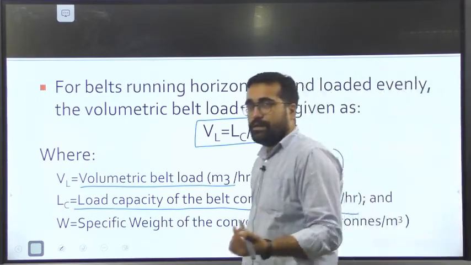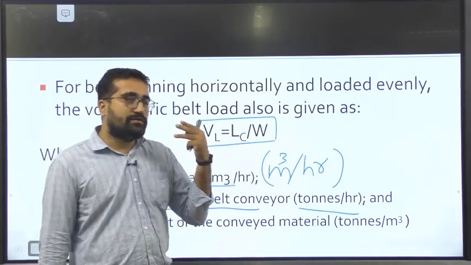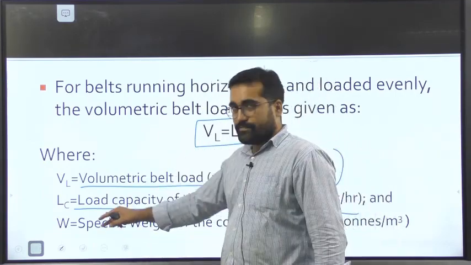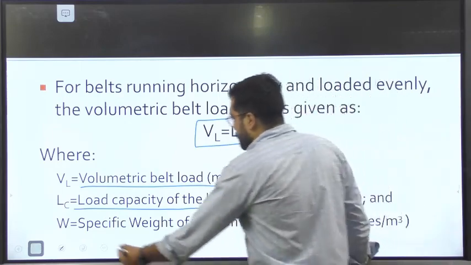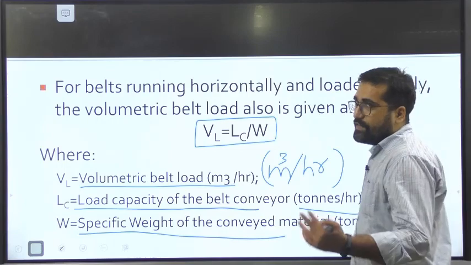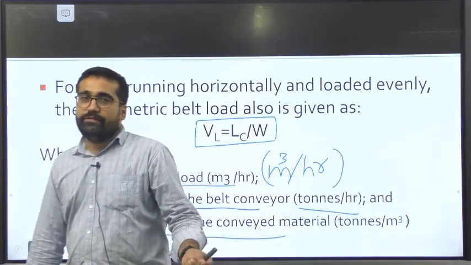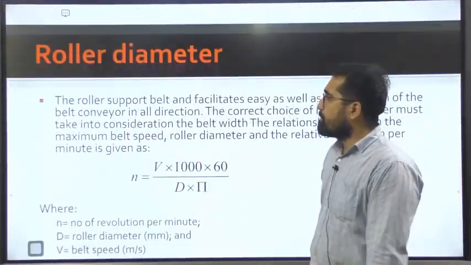What is the capacity of the belt? We denoted it with BC or CT, so this is the same. W is the specific weight of the conveyed material, which we have found out with the previous equation.